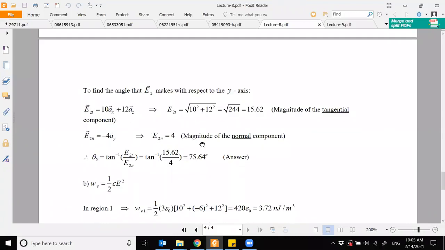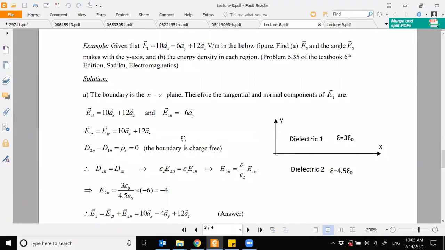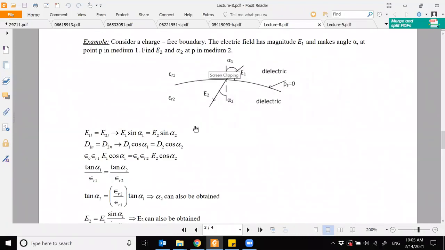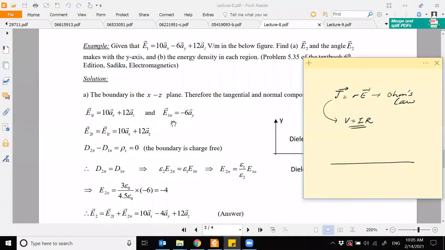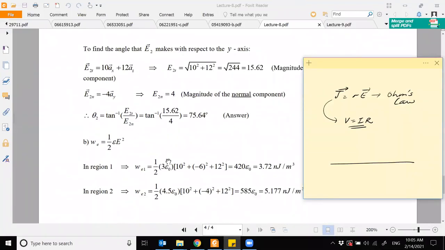And if you remember, this angle is very similar to what we did here, because if this is my boundary, just to share with you, because in the last class we were a little bit faster. In a boundary, if you have an electric field vector in any direction like this, then this will be the tangential component, and this is the normal component.